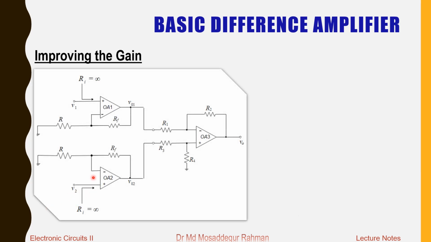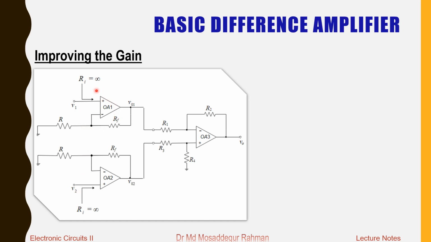So you see now the voltage buffers we have converted into non-inverting amplifiers by adding these two resistors R and RF at the inverting input terminal. The R and RF are applied to the inverting input terminal, and the input is applied to the non-inverting input terminal, and we still have this infinite input resistance.